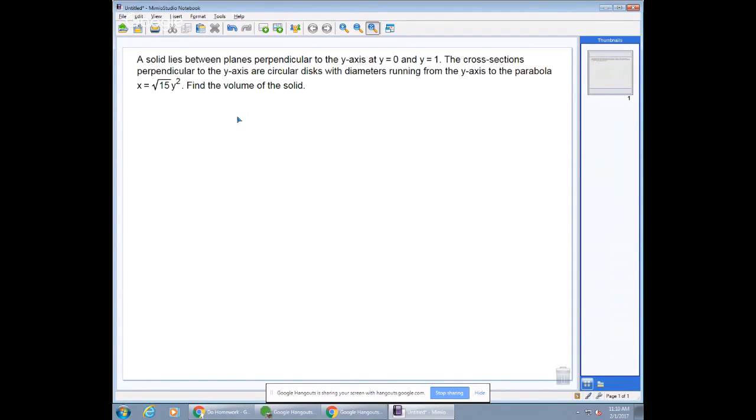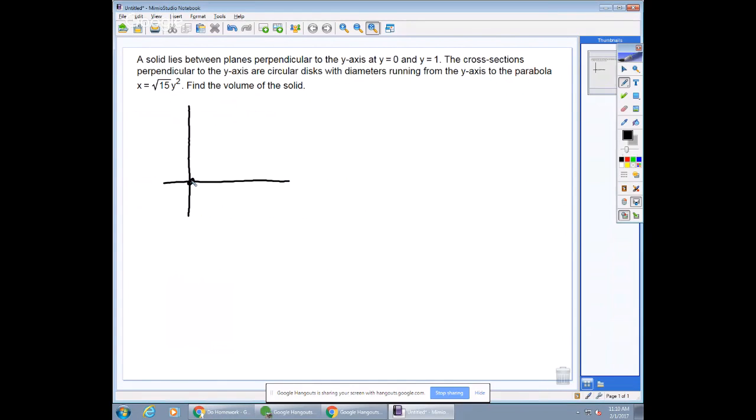All right, so first thing to do is sketch that function. If you haven't already tried, please do so. Let's see, x equals the square root of 15 y squared, from y equals 0 to y equals 1. So if y equals 0, x equals 0, so I have a point here.